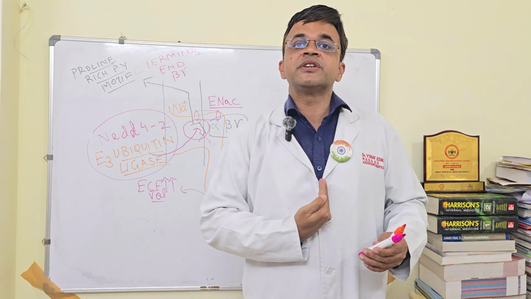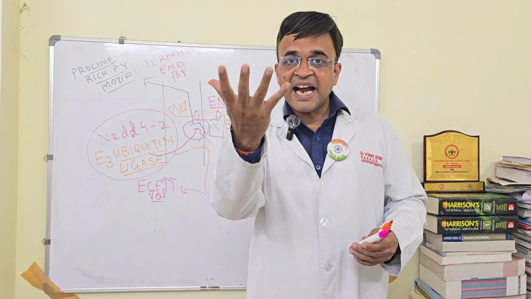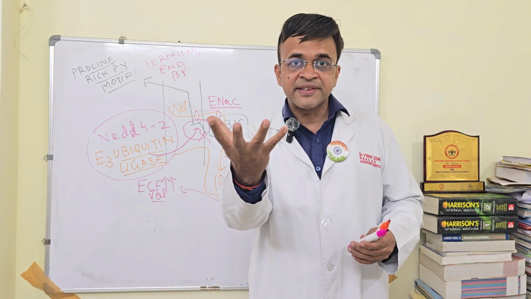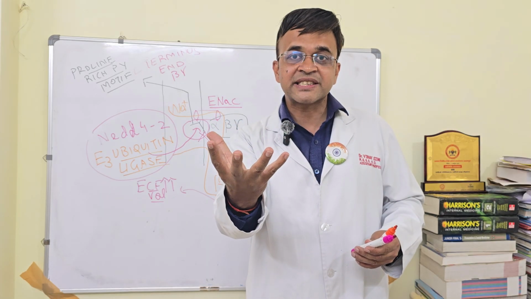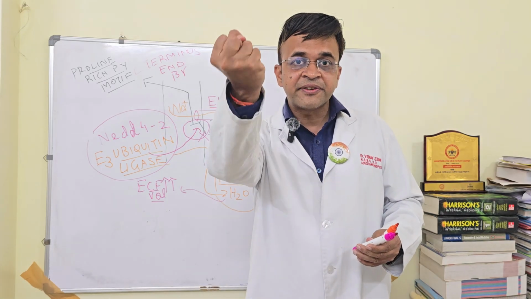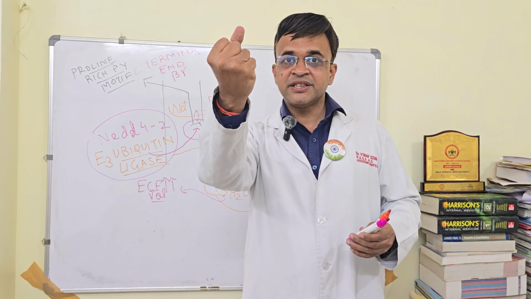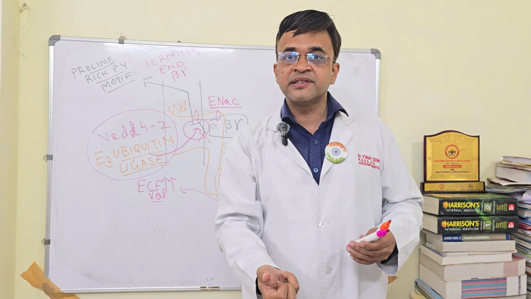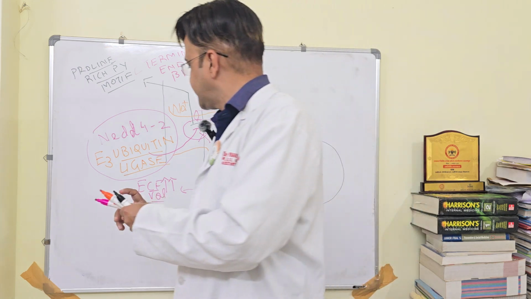So the end diastolic volume will increase. Your heart, which is relaxing, gets more blood. So by the Frank-Starling law, the stroke volume will increase. If stroke volume increases, your cardiac output will increase and your blood pressure will increase.